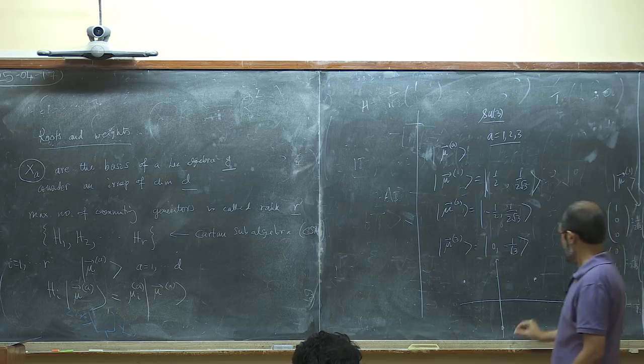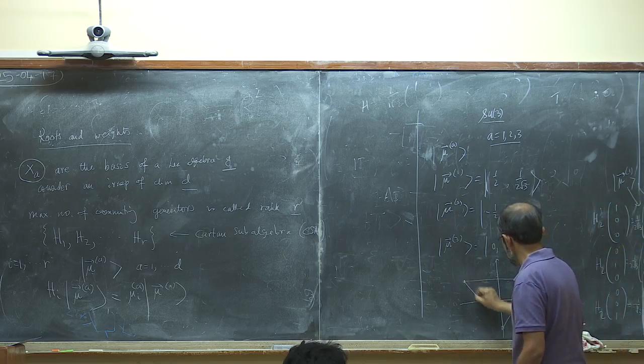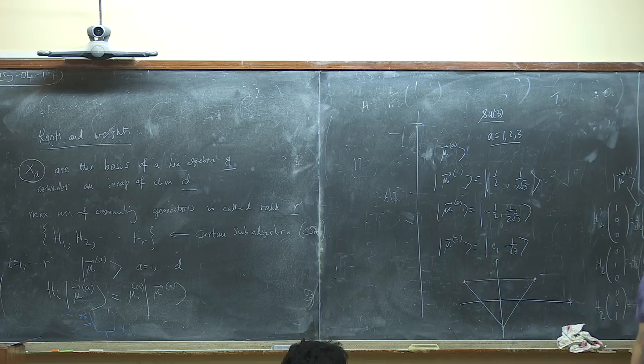If you join them up and do your little mathematics, you will see that it's an equilateral triangle. We'll come back to this equilateral triangle, and various regular polygons appear in this game of Lie algebras.